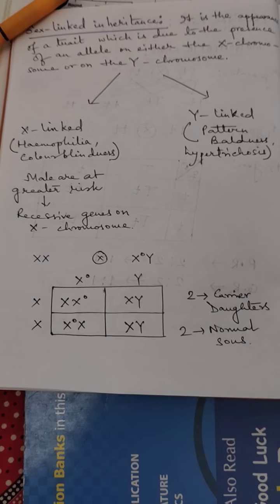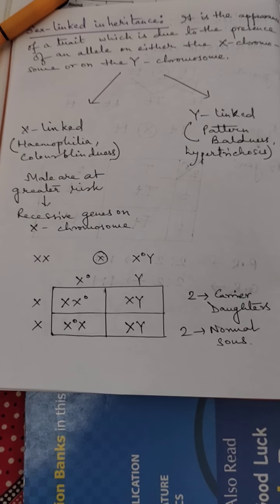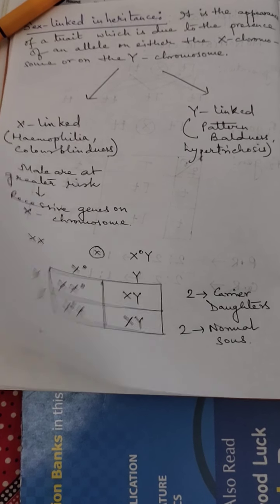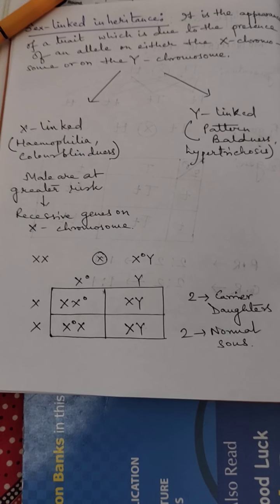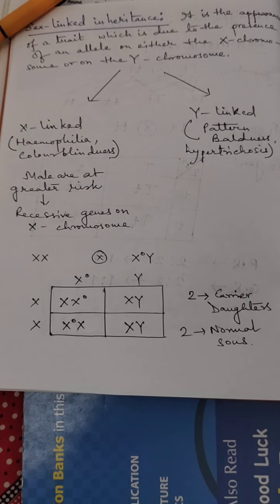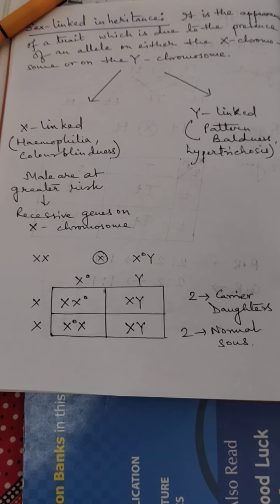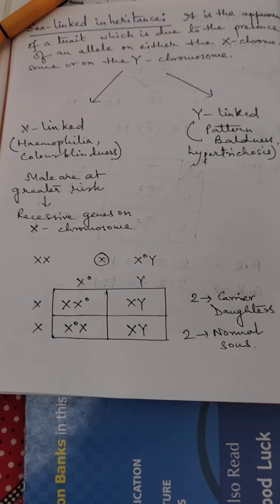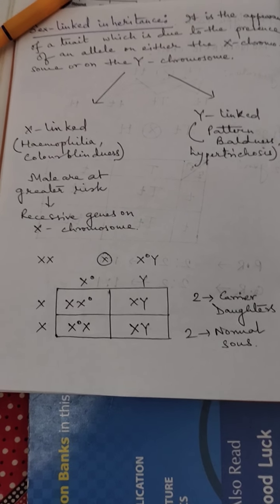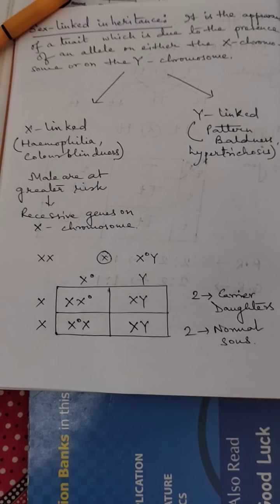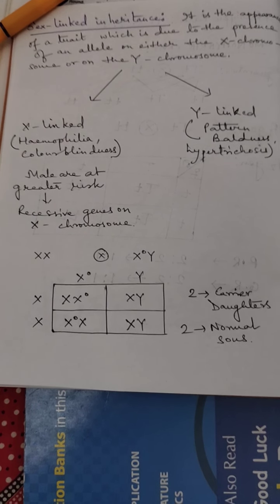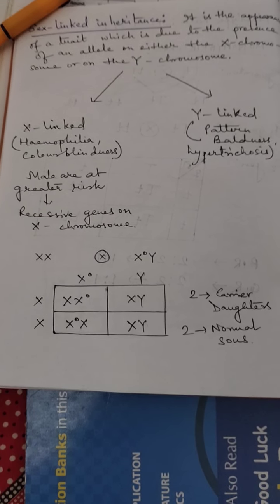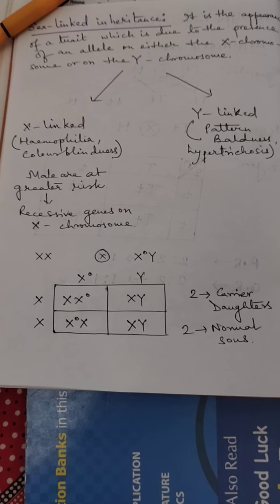These are the examples. Now, X-linked inheritance, generally we find it in males because males are at a greater risk. Now, why is it so? Because these X-linked inheritance diseases are caused by recessive genes which are present on the X chromosome. And you know that X chromosomes are dominantly found in females, but males also carry one X-bearing sperm.